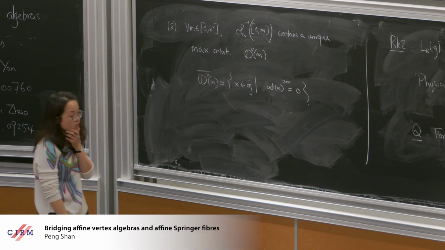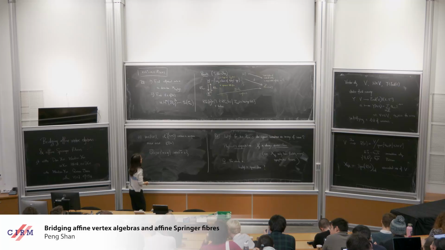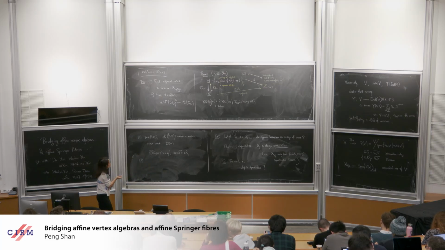Okay. So basically, this will be the orbit we want to attach to this vertex algebra, and we proved something more about this orbit which will be useful for a picture I will explain at the end.